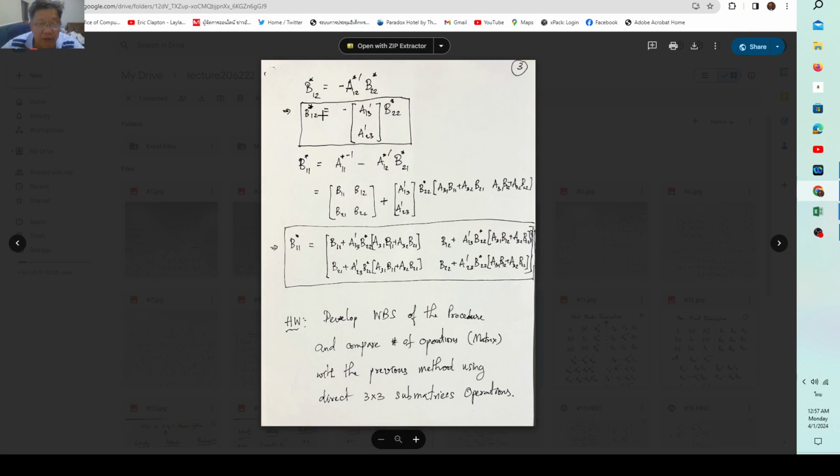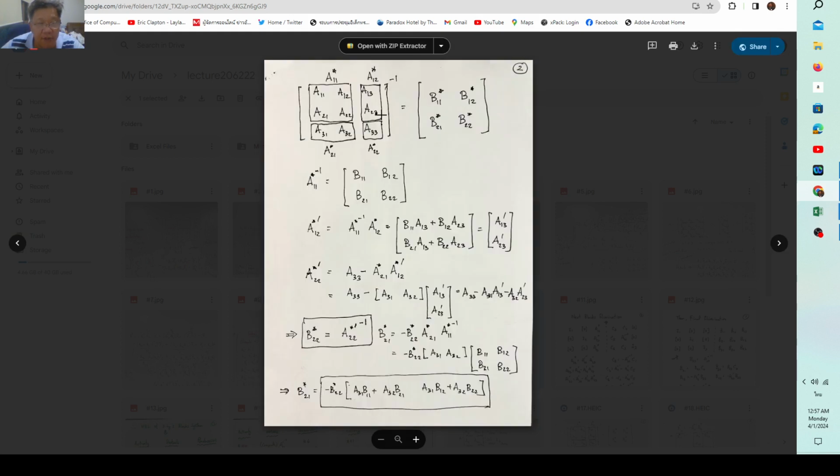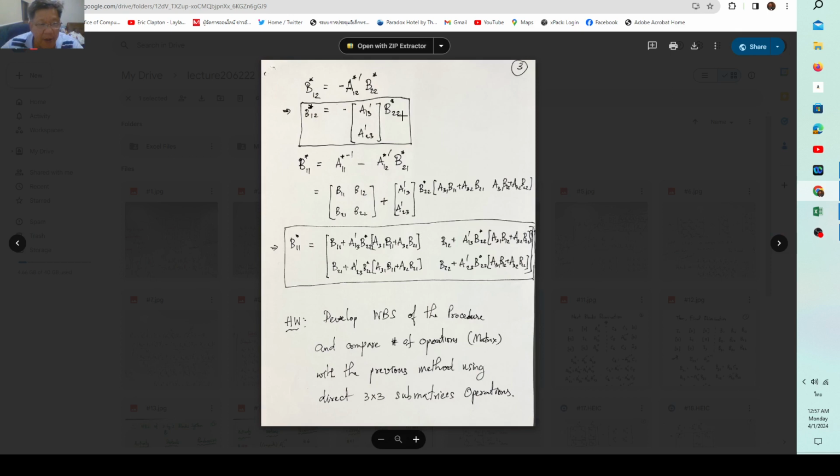This one is very easy because you get this multiplied by this, and this one multiplied by this, and you get these two submatrices continuing in a row instead of a column, right? Which is similar to what A12 star is. B12 star also has a similar matrix partitioning over here.